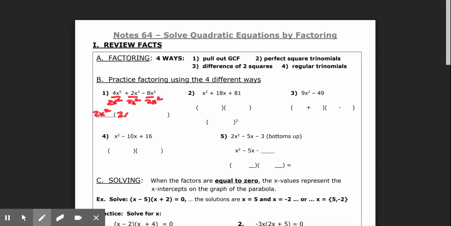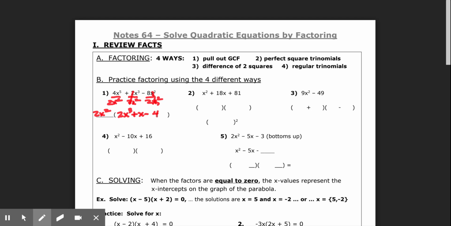So 5 minus 2 is 3. Plus, these 2's cancel out. And 3 minus 2 is just an x. And then the variables will cancel out here. x squared divided by x squared cancels out. Minus 8 divided by 2 is 4. And so there you have it.